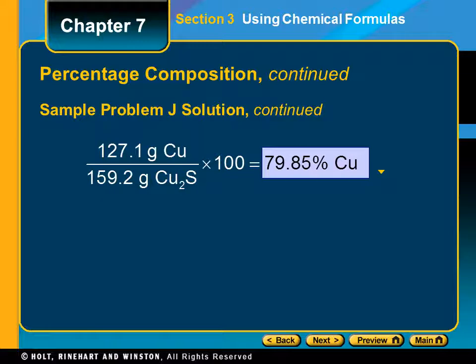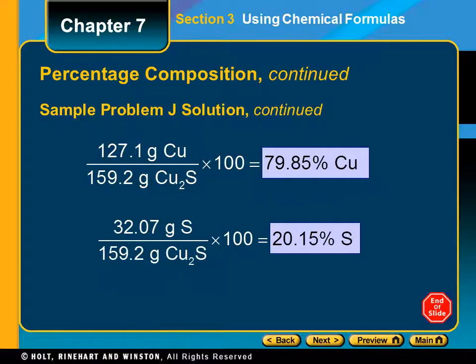Copper was 127.1 grams out of the 159.2 grams, means that copper is 79.85%. Sulfur is 32.07 grams out of the 159.2 grams, means that the sulfur is 20.15%.